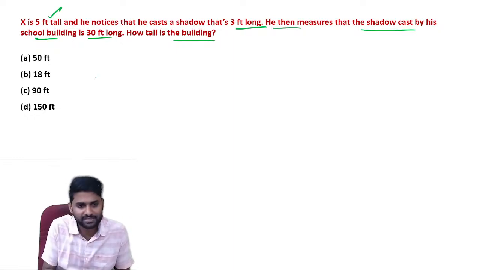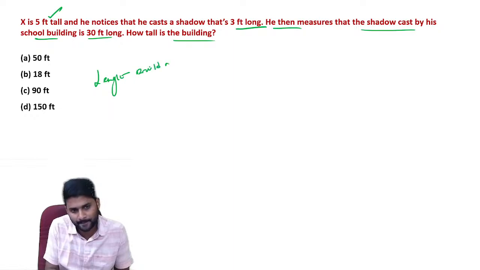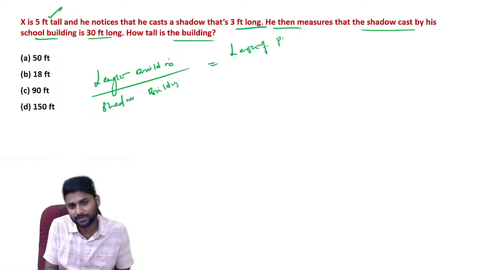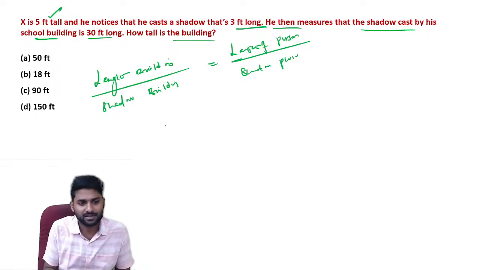Here you should understand that length of the building divided by shadow of that building is exactly similar to the length of the person divided by shadow of that person. So simple comparison. Length of the building we don't know, we have to identify.